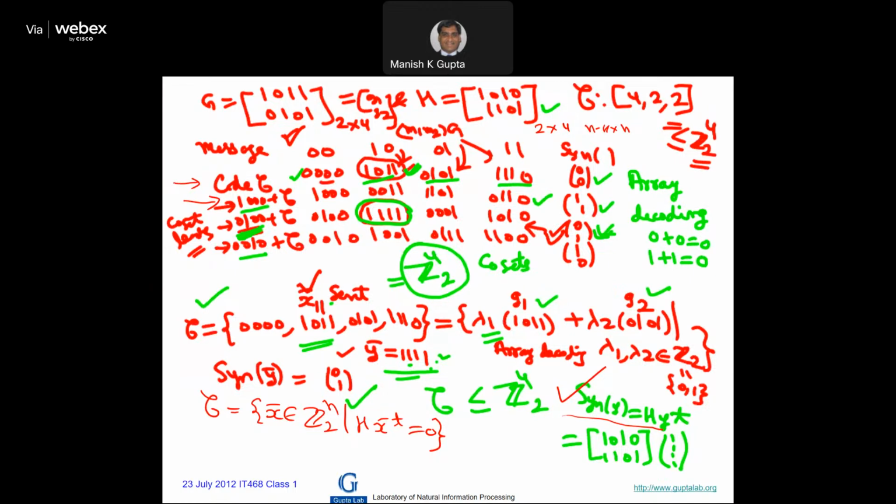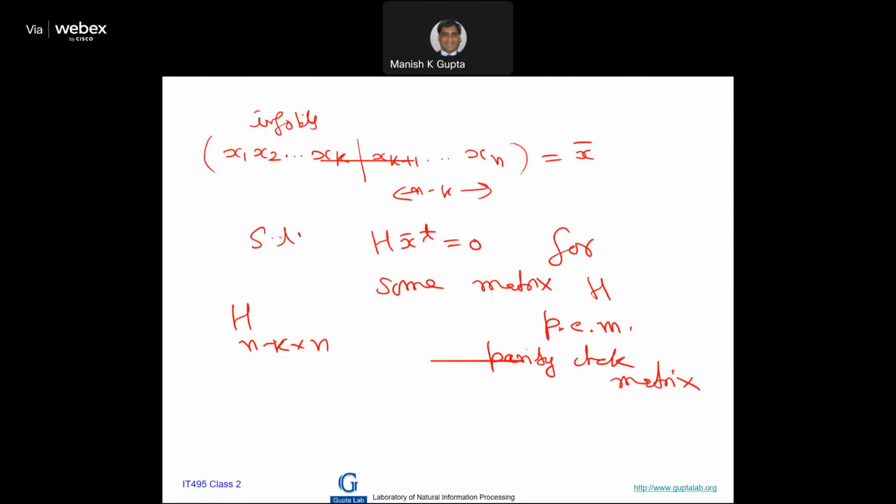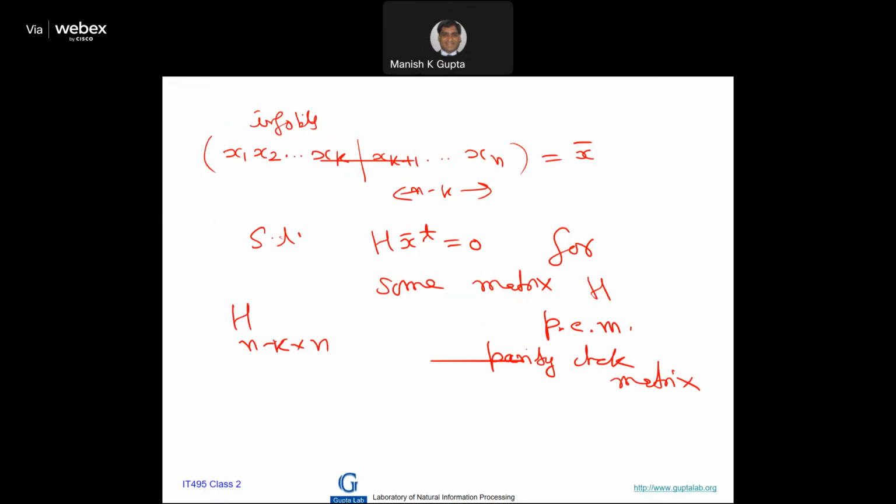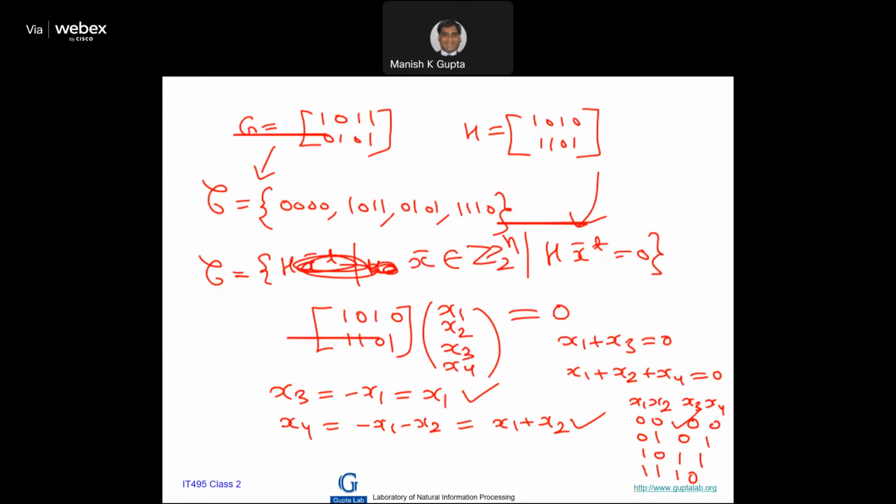Take an example: G is equal to 1011 and 0101.